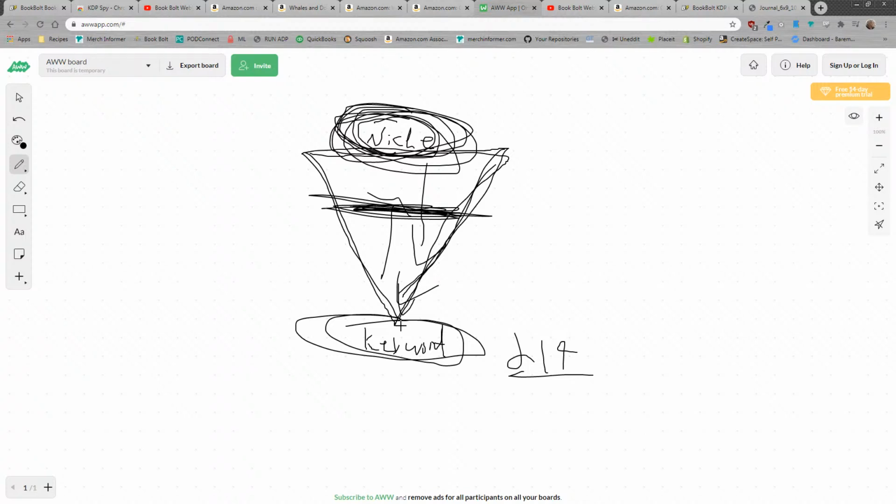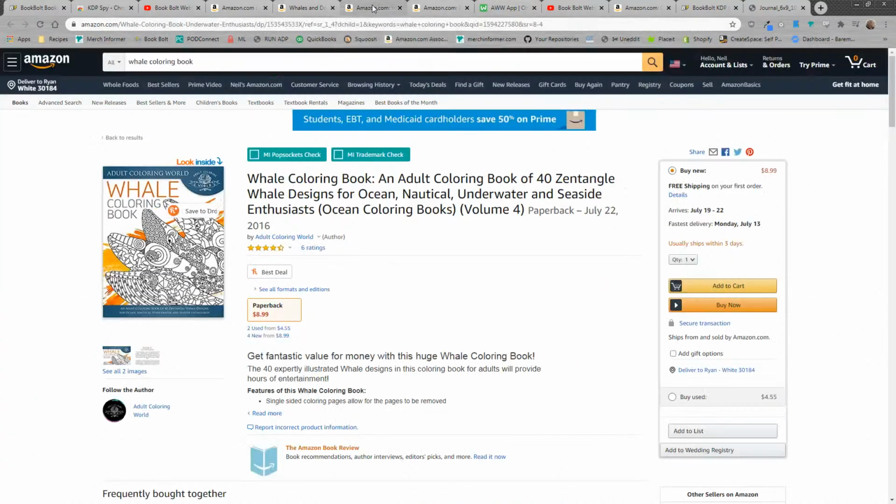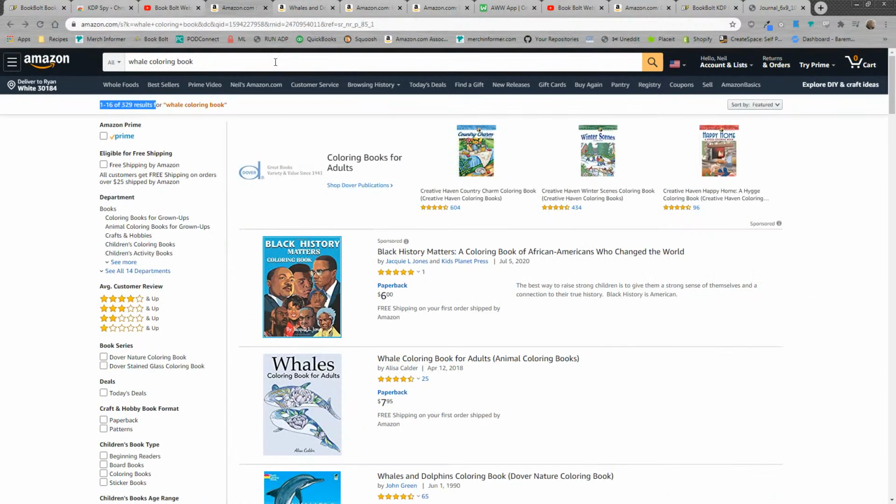Do you worry about searching incognito or private when doing research? No, I don't, because typically, what Amazon is going to do is change the results based on your search patterns if you're not in incognito mode. But, big but here, I have never searched for whale coloring books. I've never searched for breastfeeding books.